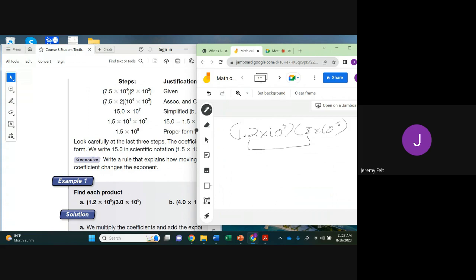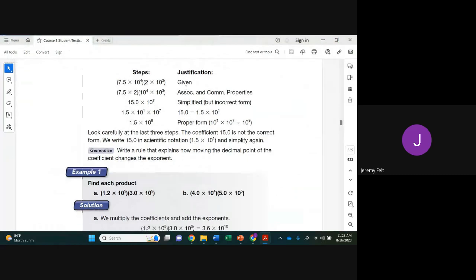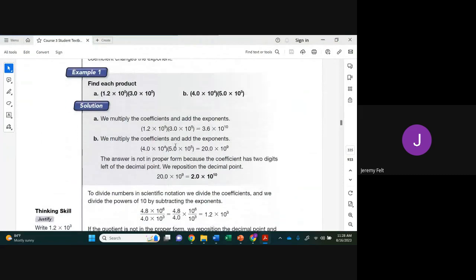So multiply my coefficients. Since we multiply in any order we want, we can do this. 1.2 times 3, 3.6. 10 to the power of 5 times 10 to the power of 5. 5 plus 5 is 10. Okay, this coefficient is still how we want it, so we are done. Okay, so that's what we are doing when we multiply scientifically notated numbers.